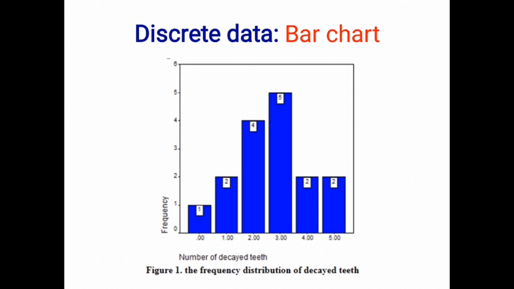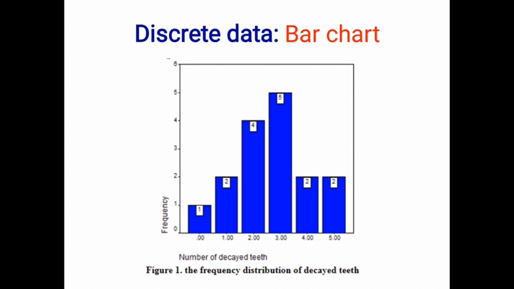The title of the graph must be located at the bottom of the graph. It is the bar chart. It also displays the frequency distribution of numerical discrete data. Those are what I want to say about the frequency table and the frequency graph for numerical discrete data.